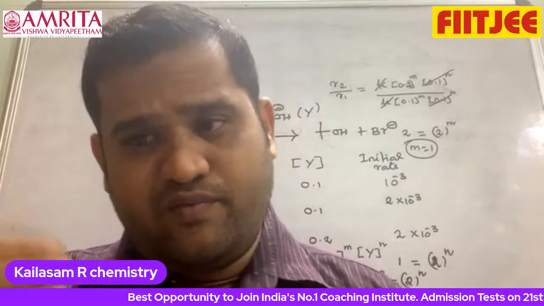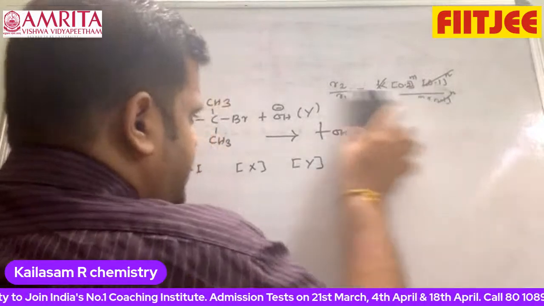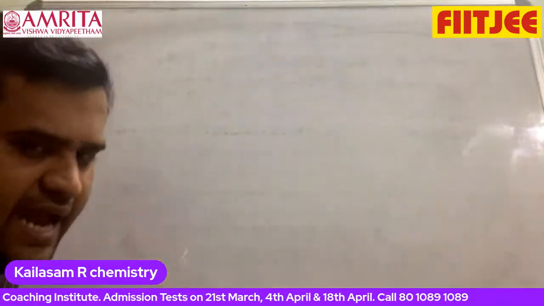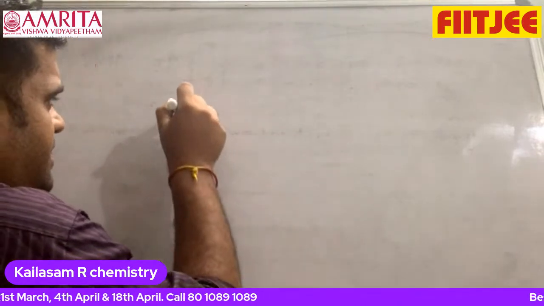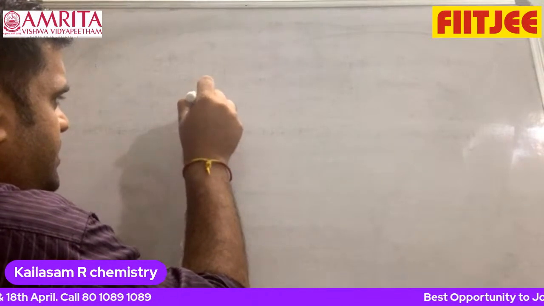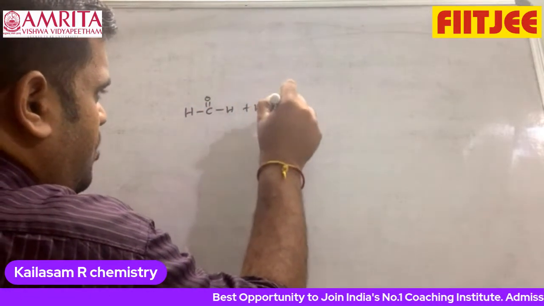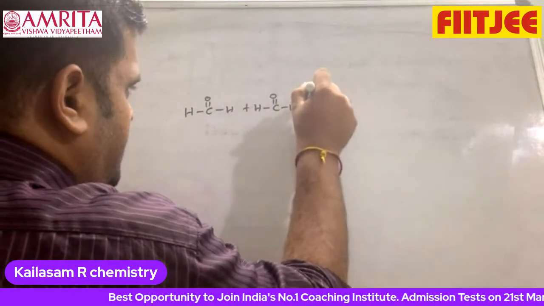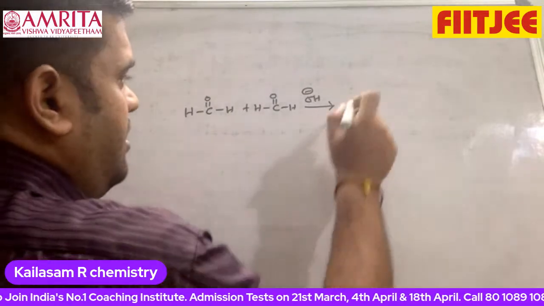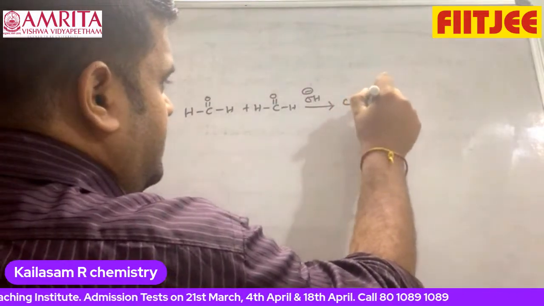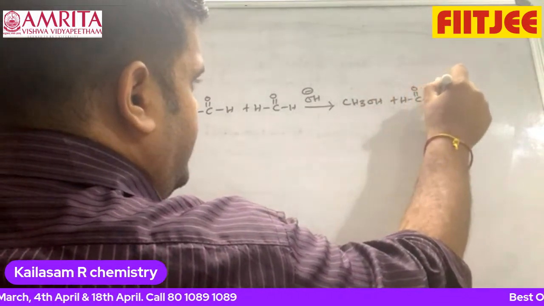Now look at this. In the exam they will ask you about the Cannizzaro reaction, which I told you about in organic chemistry. They will give HCHO plus HCHO in the presence of OH minus, which gives CH3OH plus HCOO minus.